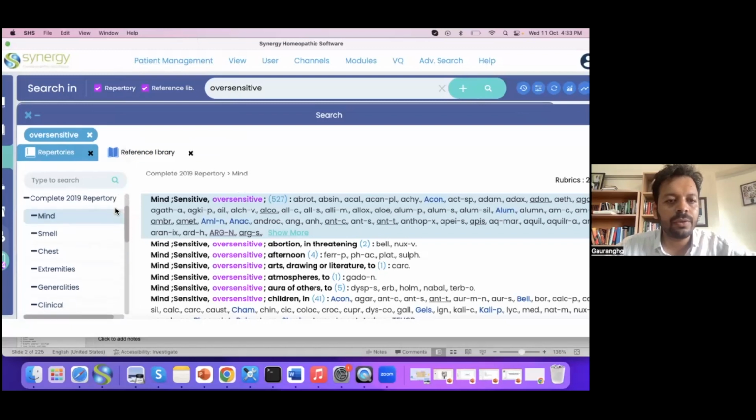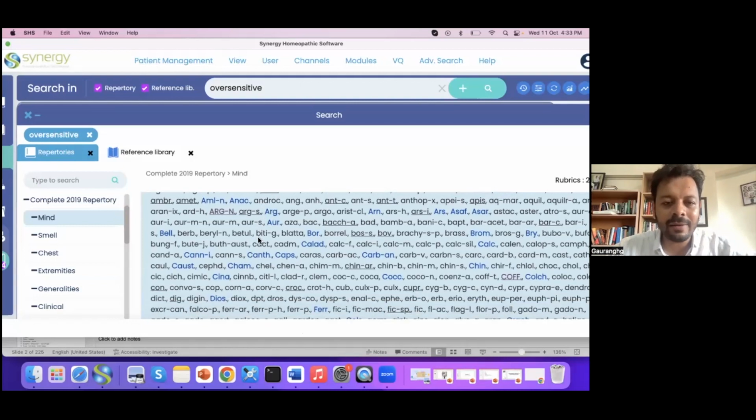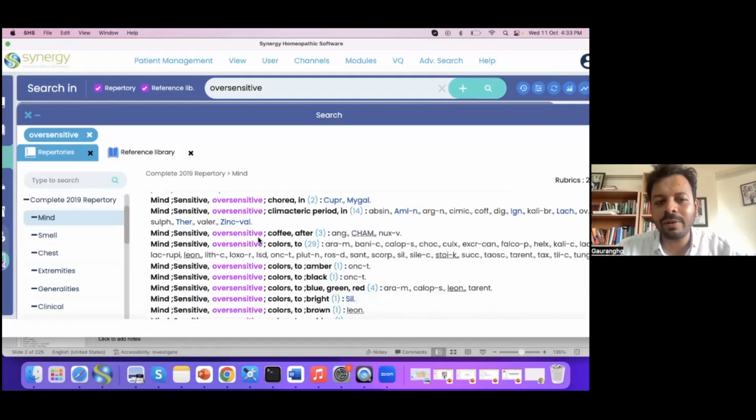So we will talk about the rubric oversensitive, which is my rubric for today in the mind section. Sensitive, oversensitive. And if you see this in the Complete Repertory, it has 527 remedies in this rubric. And there are many sub rubrics.